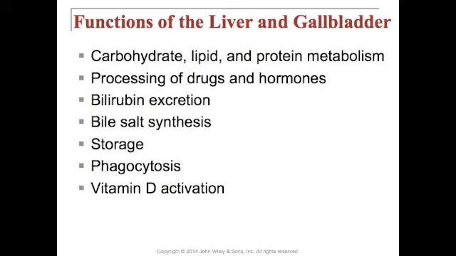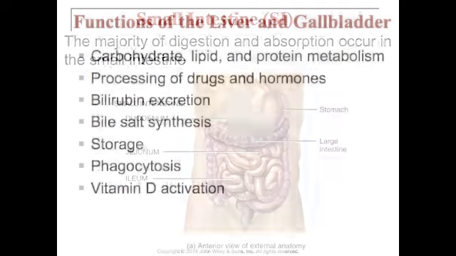The stellate reticuloendothelial cells of the liver phagocytize aged red blood cells, white blood cells, and some bacteria. And finally, the activation of vitamin D. The skin, liver, and kidneys participate in synthesizing the active form of vitamin D. The liver functions related to metabolism are discussed more fully in Chapter 25.